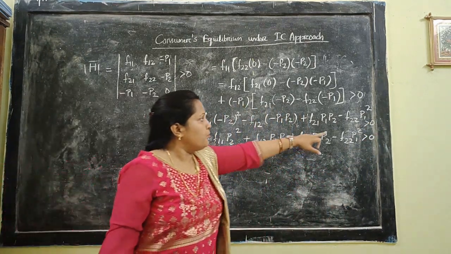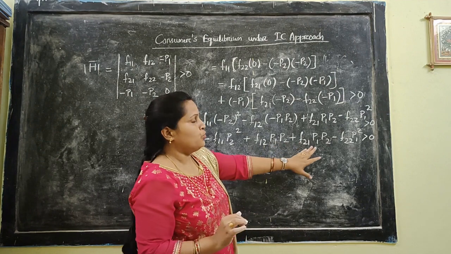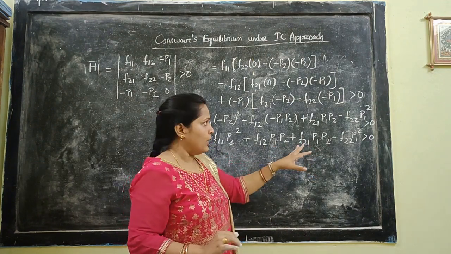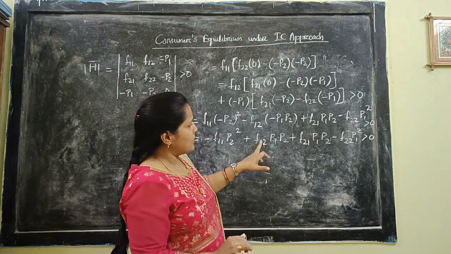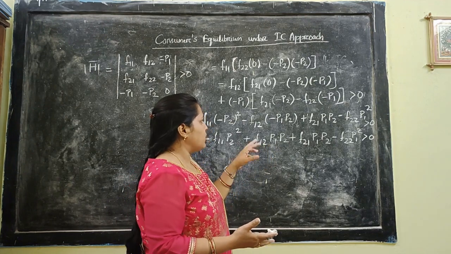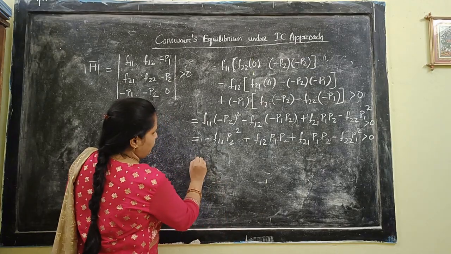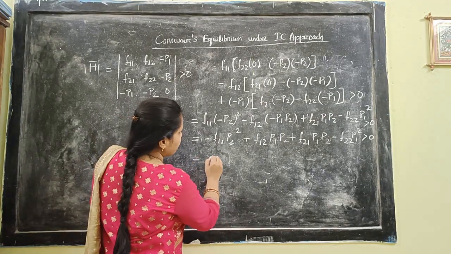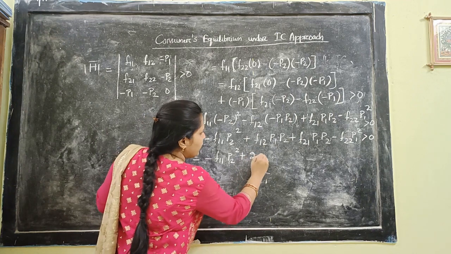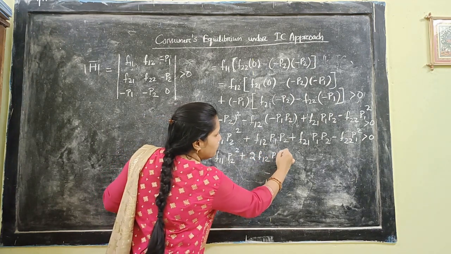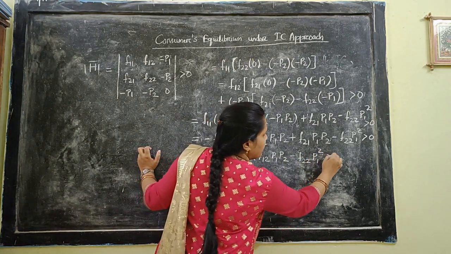Now what we know is F12 is equal to F21 through Young's rule, that is, the cross partial derivatives are equal. So we can write this as either F21 or F12, whatever. So we can write 2 F12 P1 P2. So this is minus F11 P2 square plus 2 F12 P1 P2 minus F22 P1 square, that's greater than 0.